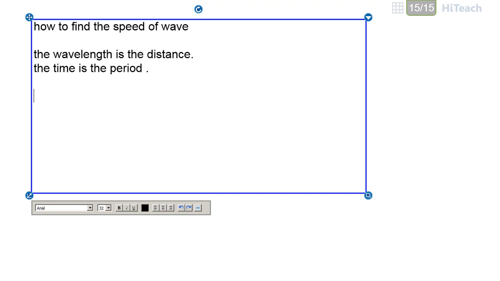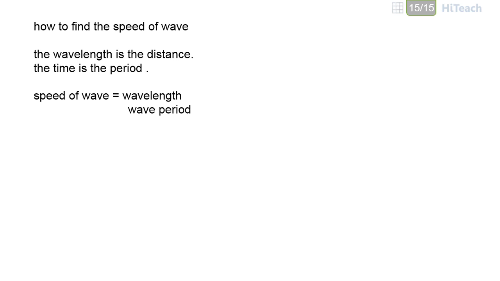Okay, so how to find the speed of a wave? Speed of wave, the formula is going to be like this. What is the distance? Wavelength. So I have to measure the wavelength over the wave period. I'm going to write the division sign like this here.